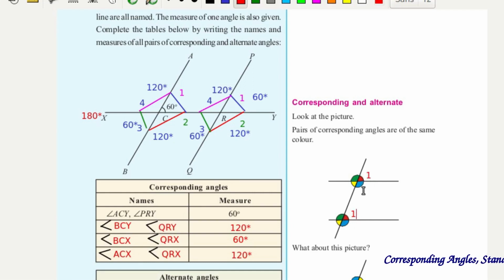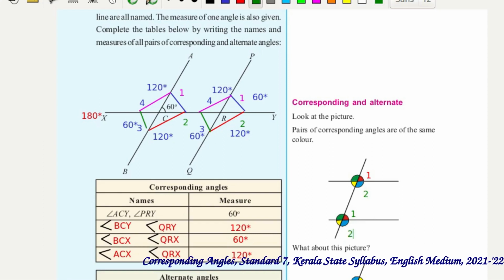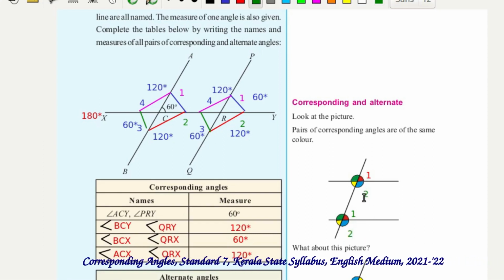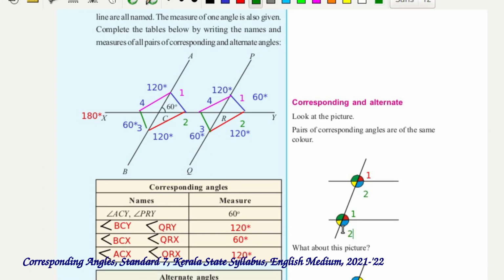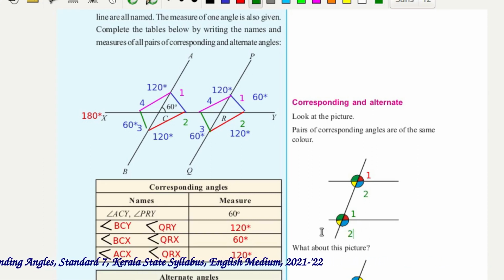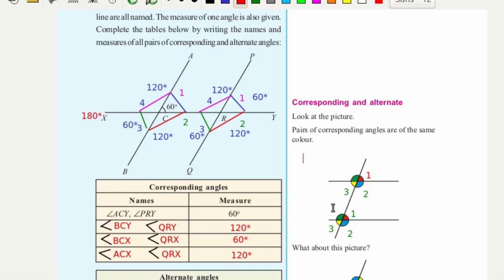Another one is in blue: these two angles are pair number 2. Then yellow is number 3, and the last one is number 4.